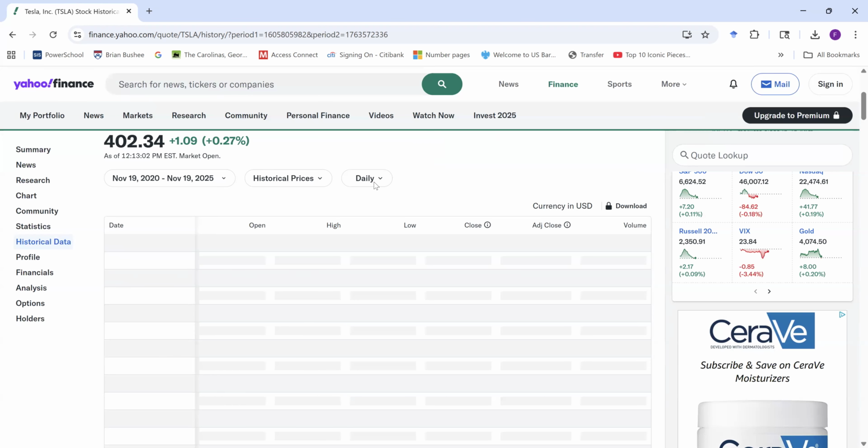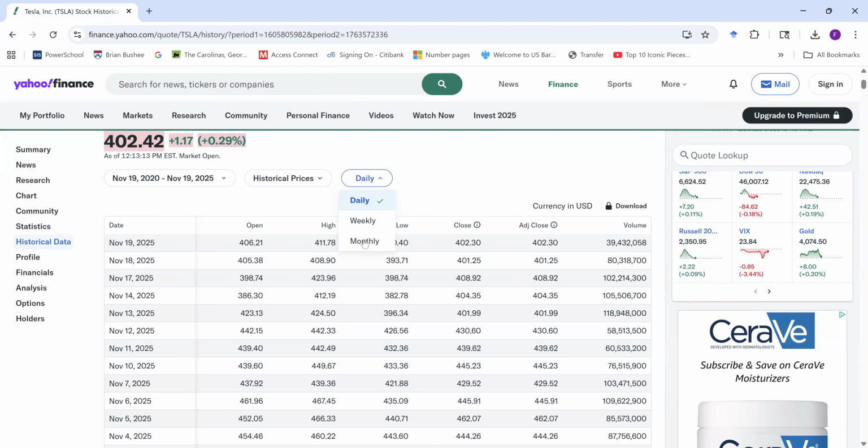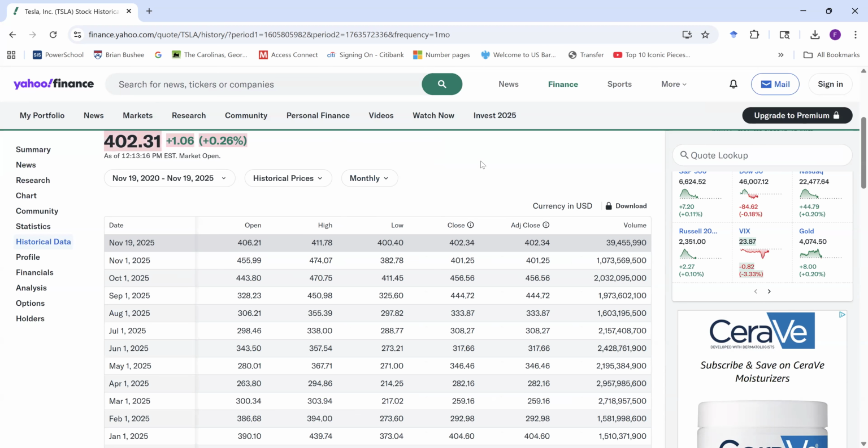And for the frequency, I'm gonna choose monthly. In the past, you could directly download the data by clicking on download. Now it also needs subscription.